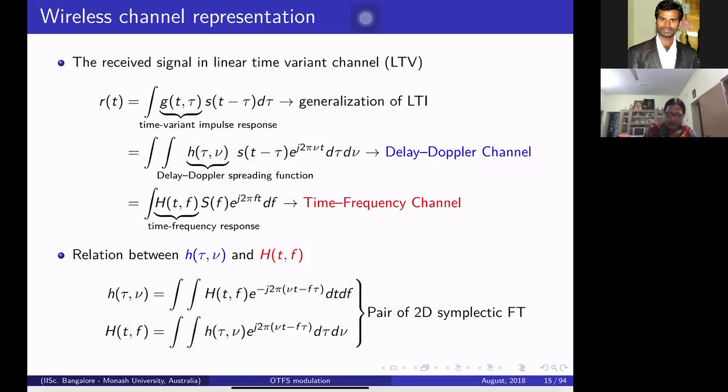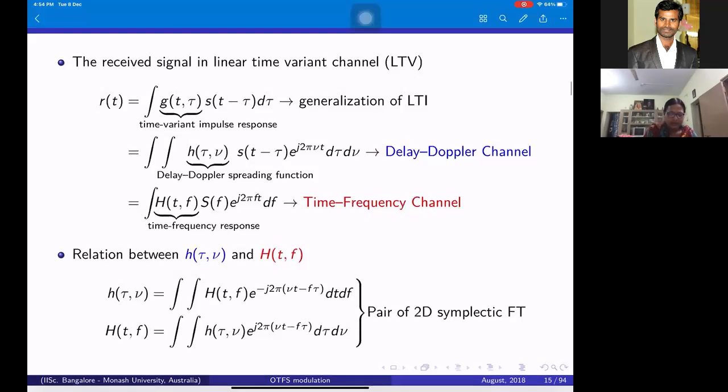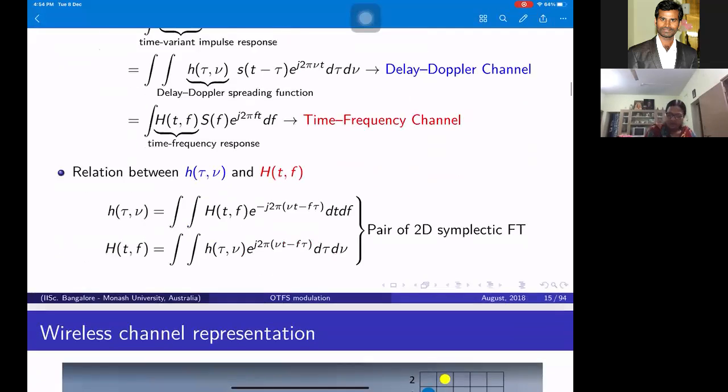If you use the Fourier transform for the time-frequency channel in the frequency domain, both are equal. H of t comma f, s of f, e power j 2 pi f. This time-frequency response has a frequency response and a time response. So like this, the equations change.